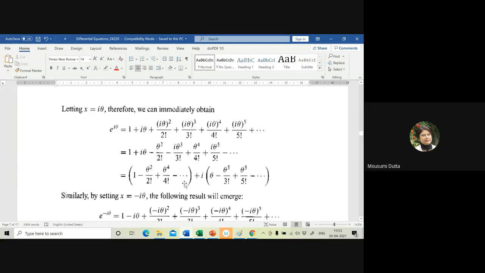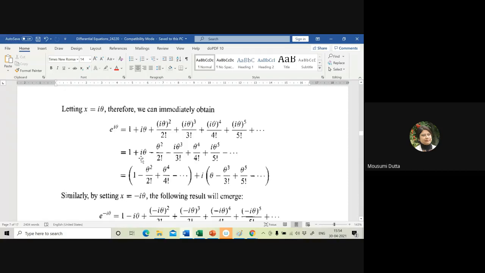So next, what I am doing is separating the real part from the imaginary part. So 1 minus theta square by 2 factorial plus theta to the power 4 by 4 factorial minus theta to the power 6 by 6 factorial, all these things will come here.